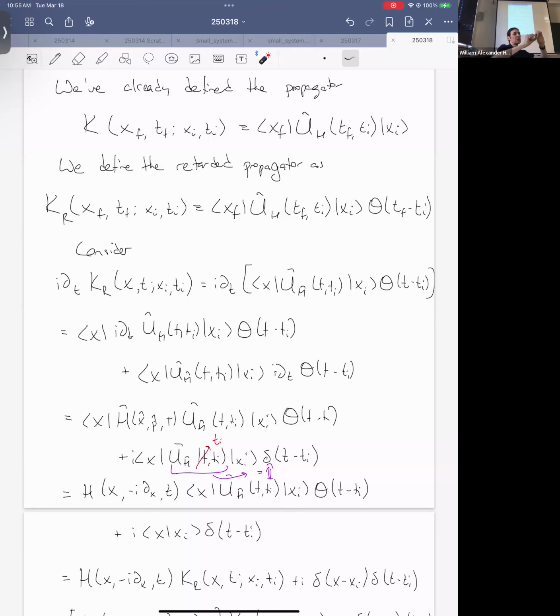So depending on whether you push your pole in one direction or another, when you close a contour, you'll pick something up or won't. And that's going to be associated with, say, if I want to go forwards in time, I close my contour one way. If I want to go backwards in time, I close my contour in another way. And so that's why I'm pushing my poles one way or another. And we'll see that quite explicitly when we get to the resolvent, which is the Fourier transform of the propagator.